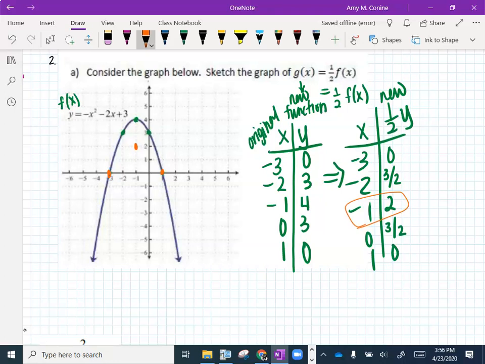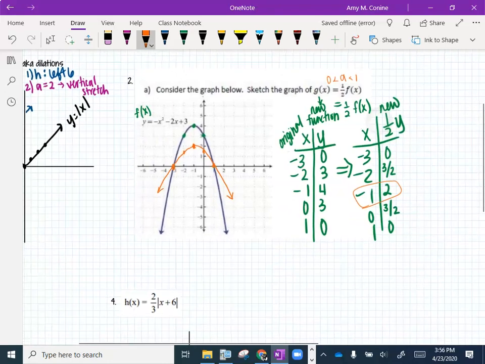Then -2 and 3/2, and your y-intercept changes to 3/2. So it's flattening out your function and making your units, your output, smaller. That's when you have an a between 0 and 1.